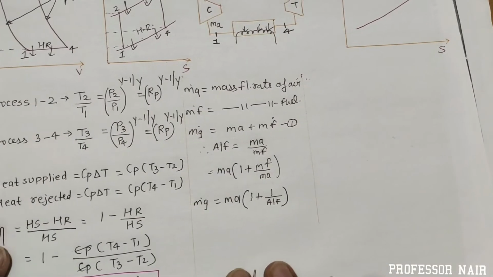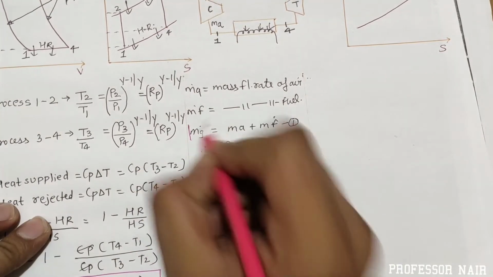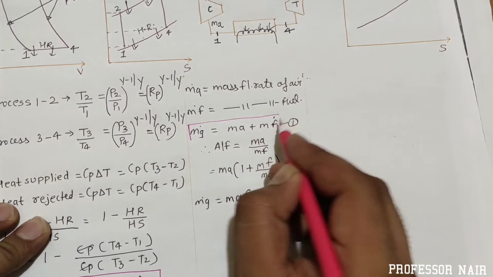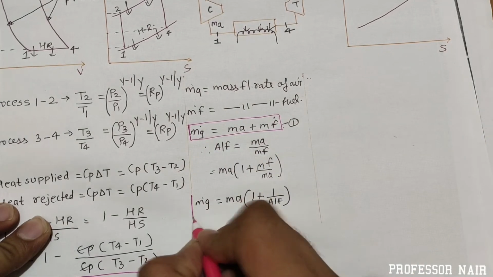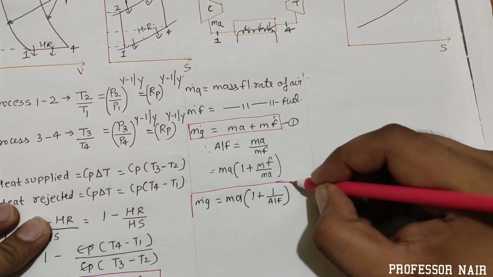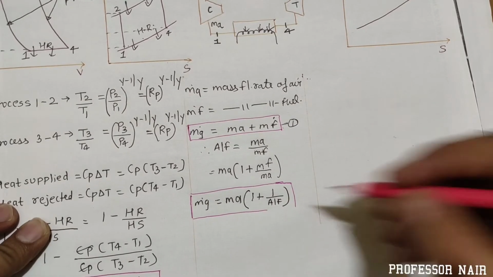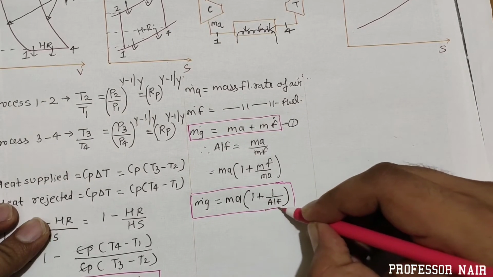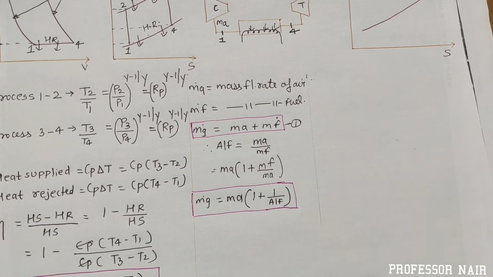So you can use these two formulas. You can use ma plus mf, or if the air fuel ratio is given, you can use this formula: mg equal to ma into 1 plus 1 upon air fuel ratio.